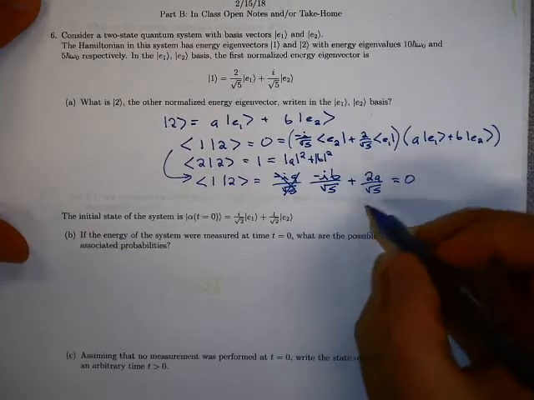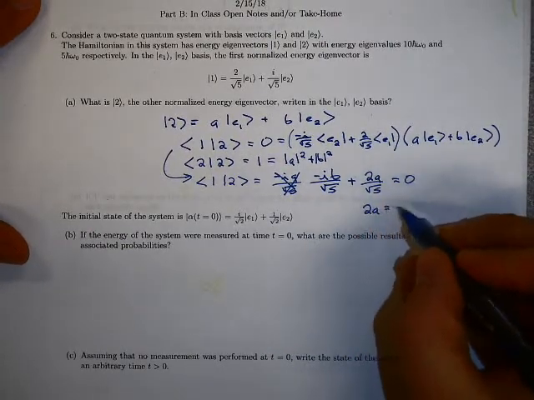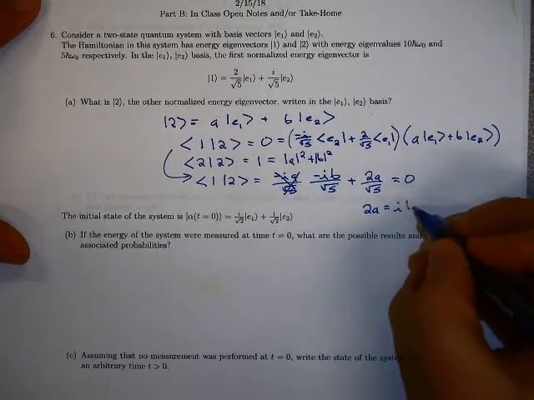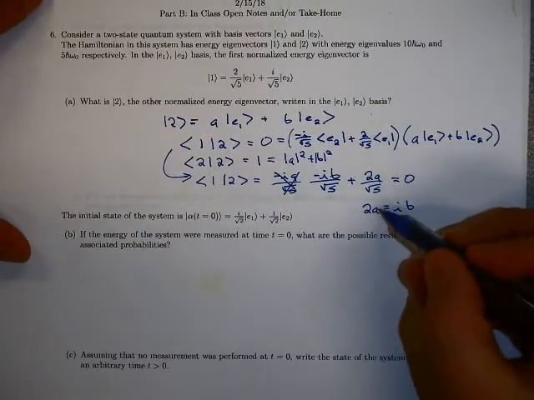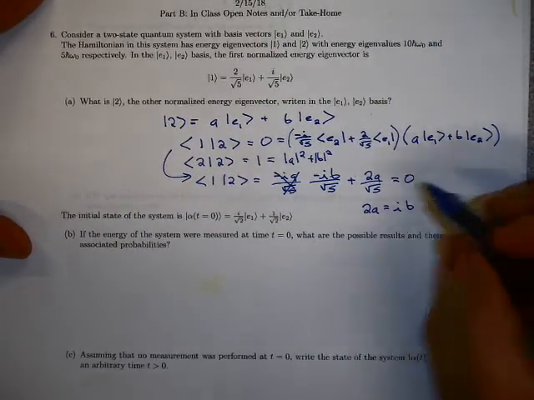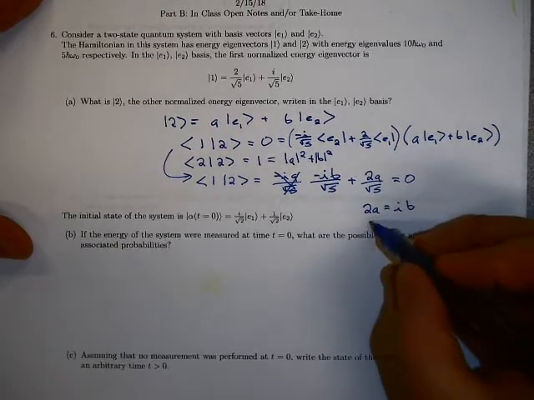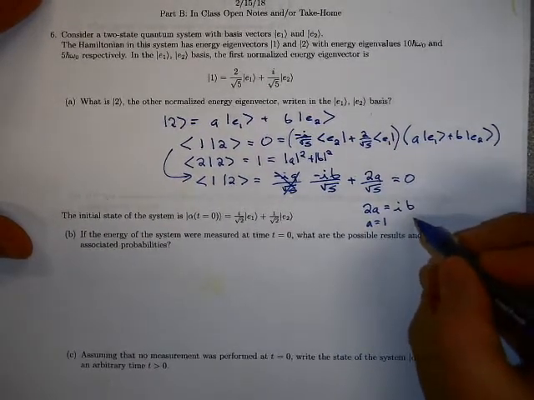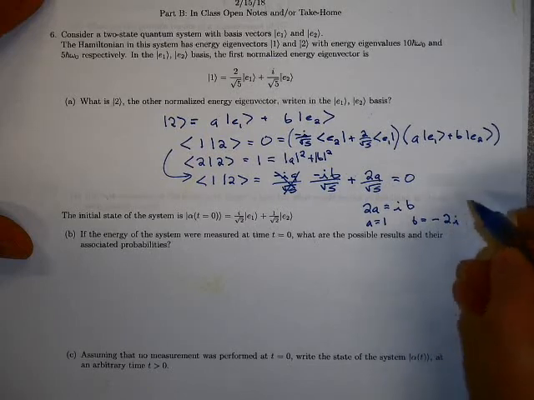We can cancel the root 5s, and I get that 2A is equal to iB. And so if we can just kind of arbitrarily pick A as 1, then that means that B would have to be minus 2i. So if A is equal to 1, then B is equal to minus 2i.